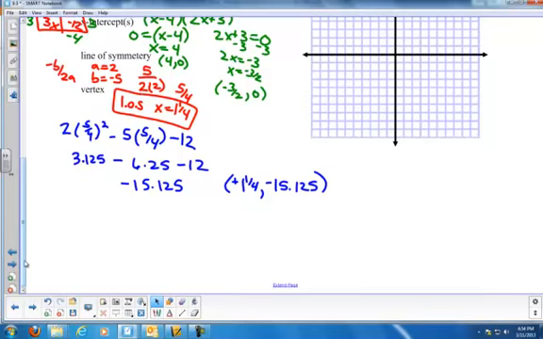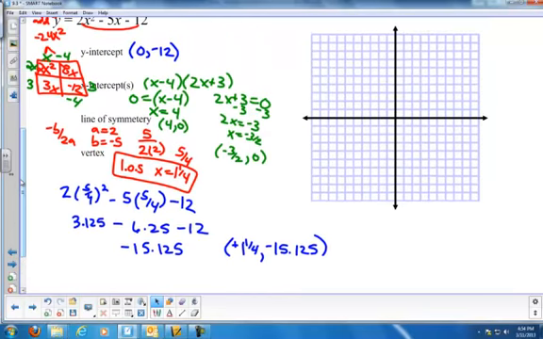So if you plot your main points for this, you get your y-intercept, which is 0, negative 12. And we might as well count by 2's. And then 4, 0, and negative 1.5, 0.